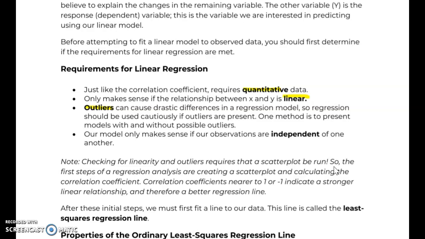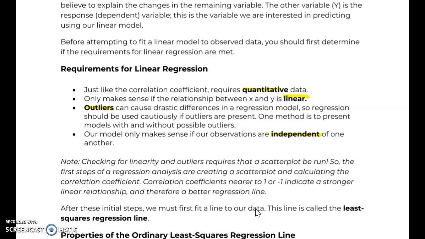Just like we saw in the example with the earthquakes, taking one outlier out drastically changed the direction and the strength of our linear relationship. It only makes sense if our observations are independent from one another. So if we had dependency, we should not be looking at linear regression over here.